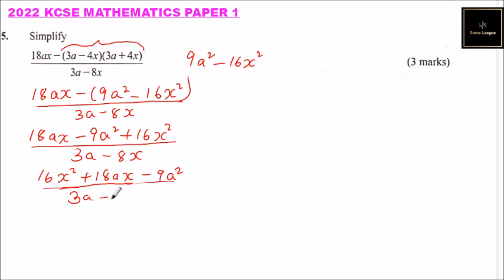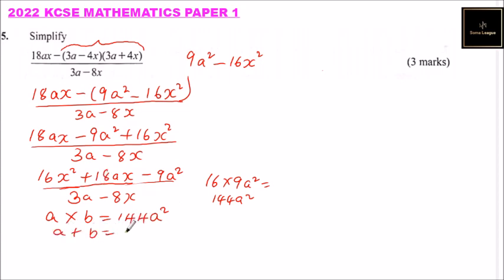Because here we have two unknowns, a and x, we treat a as a constant, so this becomes a quadratic expression in x. We need two numbers such that when you multiply them, you get 16 multiplied by 9a squared, which is 144a squared, and when you add them you get 18a, the coefficient of x.